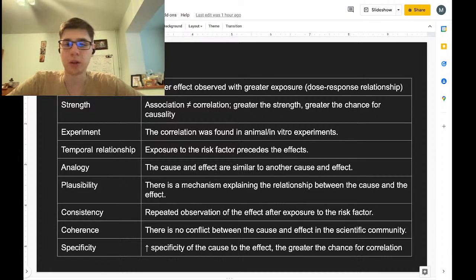Okay, Dr. Deepak, the criteria will be sent through the weekly newsletter so that you can refer to the criteria themselves.